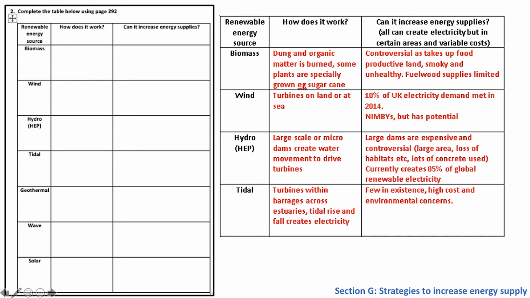HEP, hydroelectric power, uses large-scale or micro dams which create water movement to drive turbines, and those turbines create the electricity. However, large dams are really expensive and they're controversial.